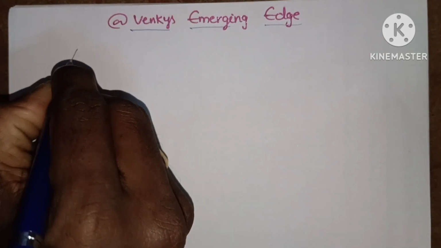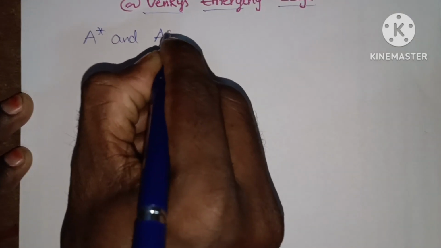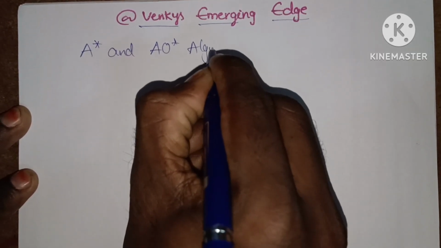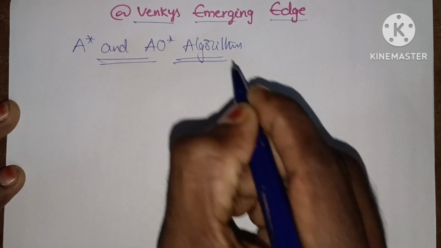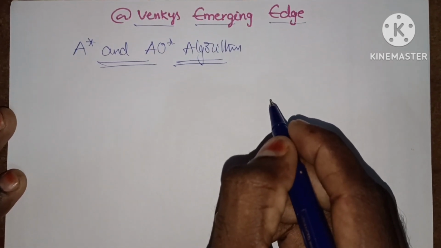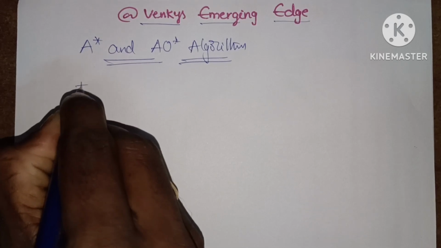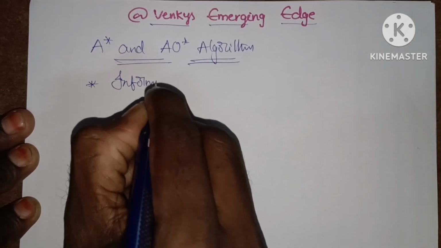So today we are mainly going to discuss the A star and AO star algorithms. As per the comments, first of all, A star and AO star are both informed searching algorithms.